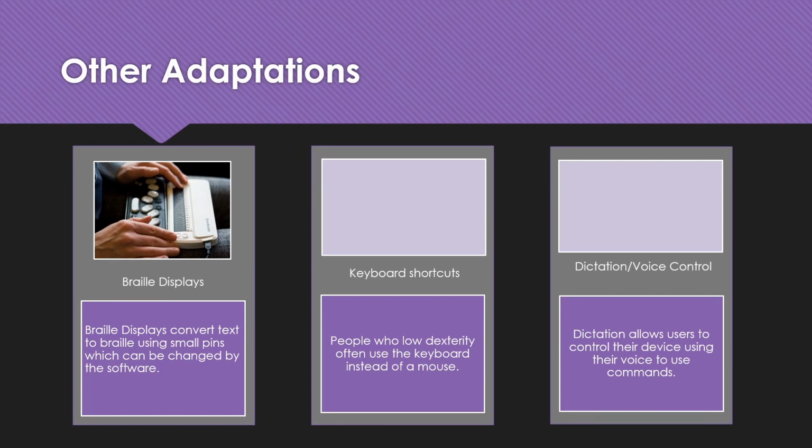So yeah, people who might not be able to grip a mouse if they've got low dexterity, you can make everything on the GUI, the user interface, accessible or operable by a keyboard, and that can be really helpful for people again whose mouse might be broken.